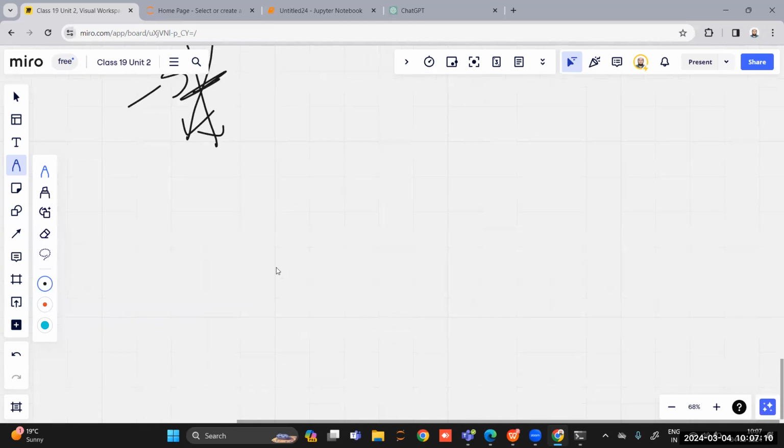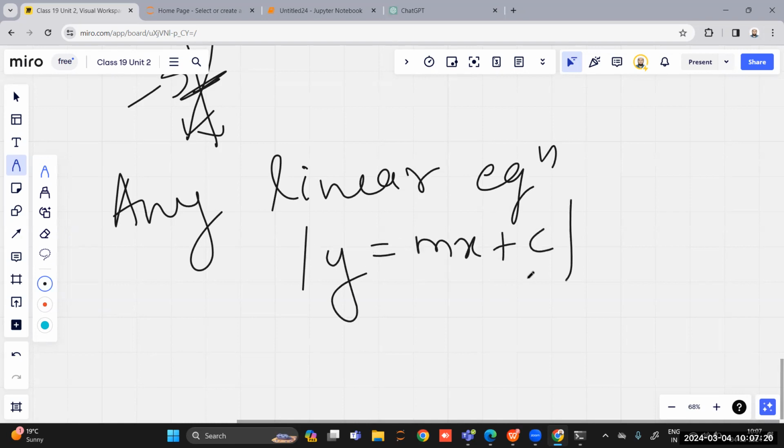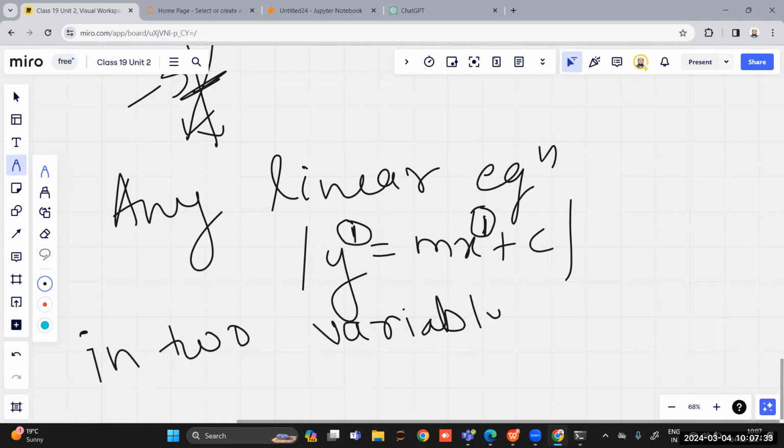Any linear equation, I'll write it down here. What does linear equation mean? I am writing here y equals mx plus c. The degree of this explanatory variable and the response variable is 1. So this is a linear equation in two variables. Two variables means we have two variable data, categorical or numerical, that's y and x.